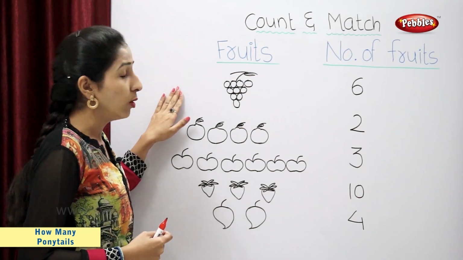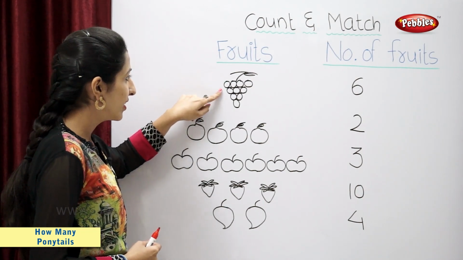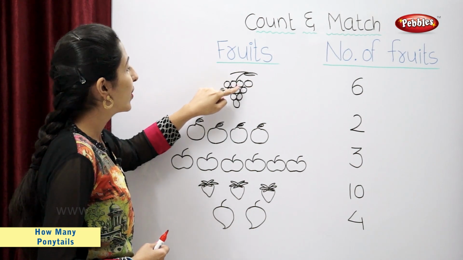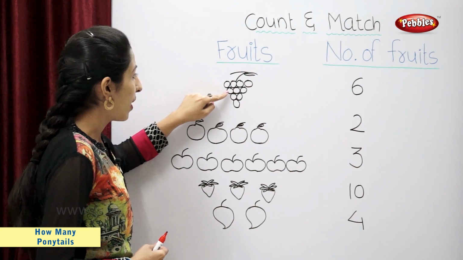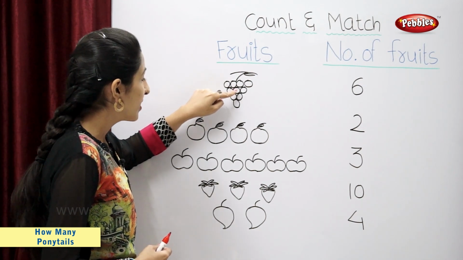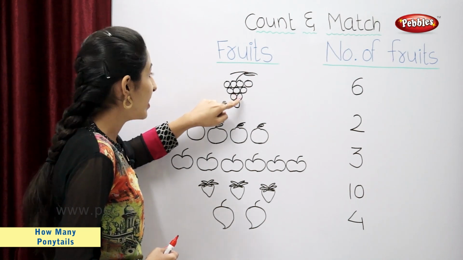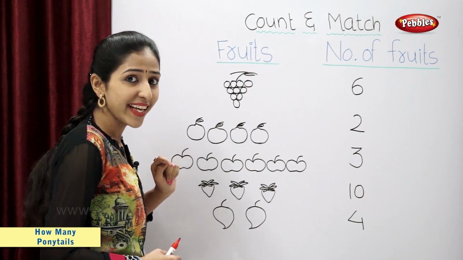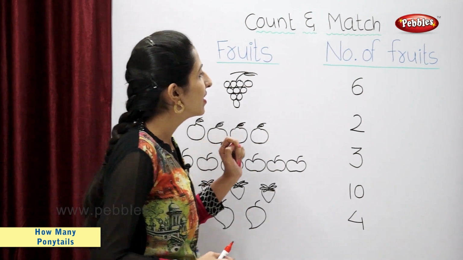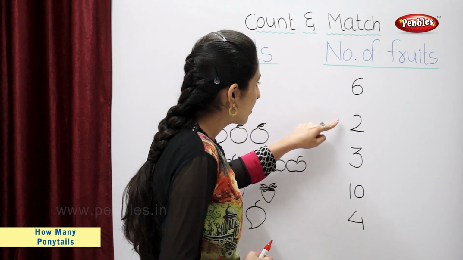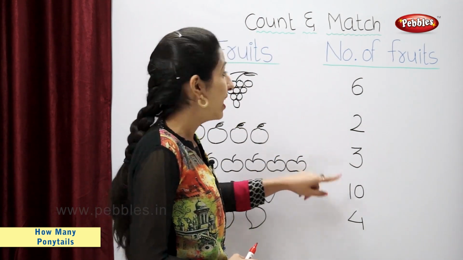First, let's count the number of grapes. 1, 2, 3, 4, 5, 6, 7, 8, 9 and 10. Let's find number 10. Number 10.